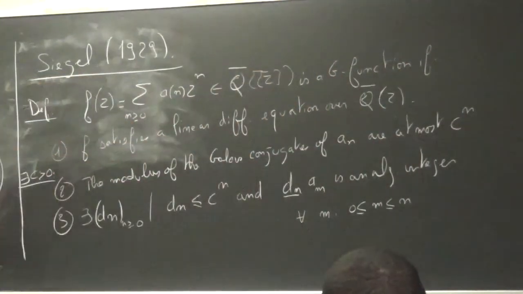So what is an example? There are a lot of them, and I'm going to explain a bit also the philosophy of that. Among the examples, you have the algebraic power series, which are power series algebraic over the field of rational functions.